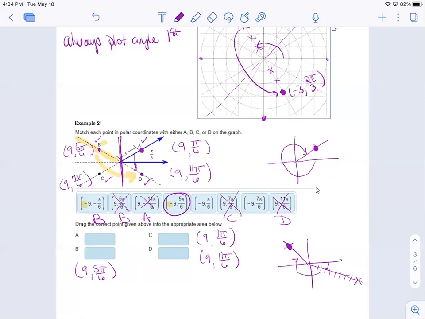And that's why I end up at D. All right, let's try the next circle. Okay, now I'm looking here. All right, I'm going to go to pi over 6. So that's this angle. I'm going to count out 9. So I end up at A. However, it's a negative 9. So I'm going to reflect over the pole and I end up at C.